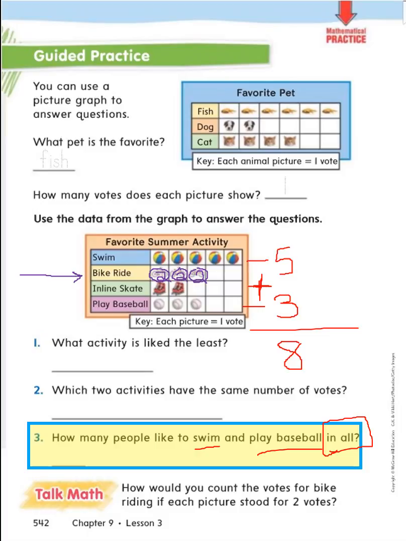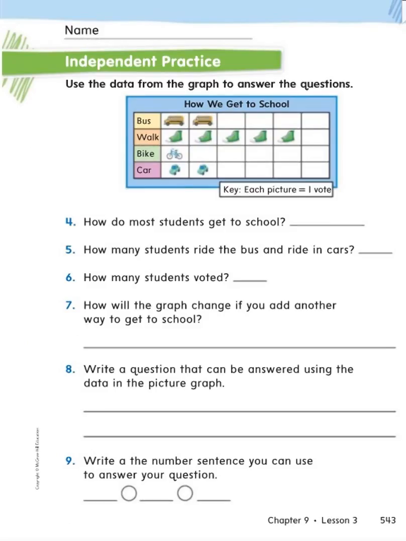Let's move on. So now at the top here, it says use the data from the graph to answer the questions. And the title of the graph is How We Get to School. And we have 4 choices.